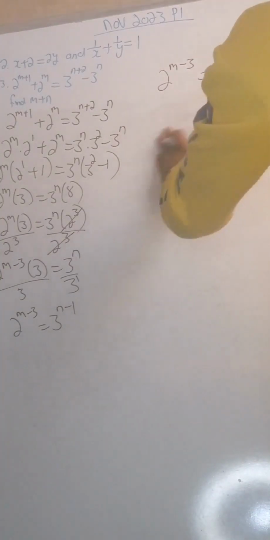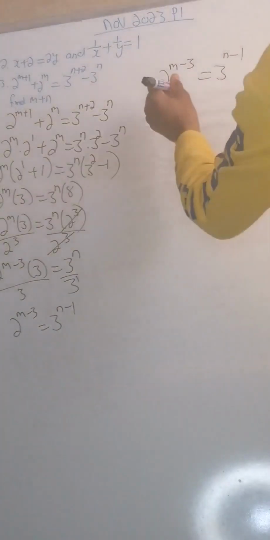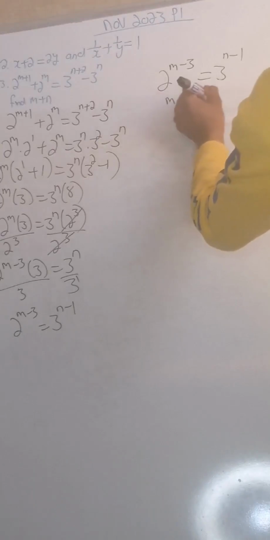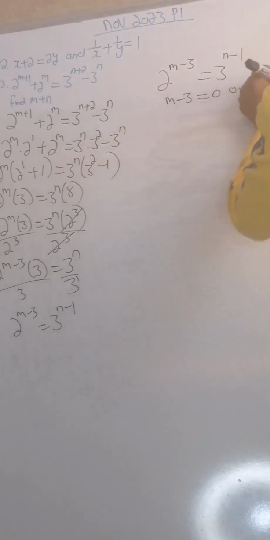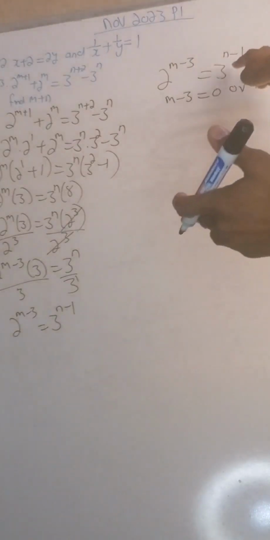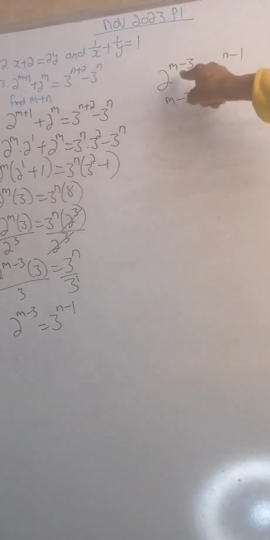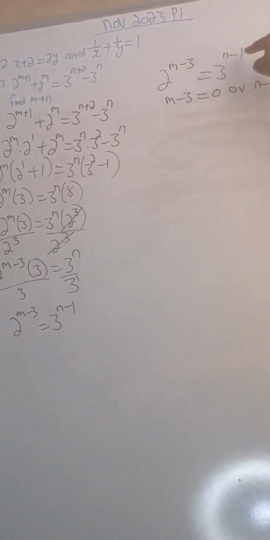When I am here, will I be correct to say m minus 3 equals 0 or n minus 1 equals 0? Why am I equating the exponents? It's because I have a base with an exponent and 3 with an exponent. Since I have this with an m and this with an n, I can conclude and find the value of m plus n.